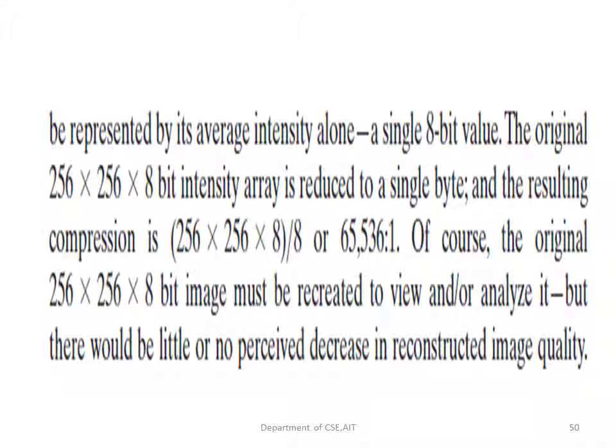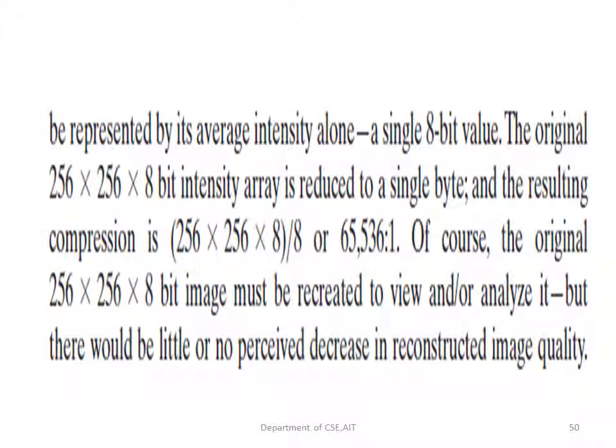The intermediate uniform gray color can be represented by the average intensity, that is one single 8-bit value. The original image was 256 pixels by 256 pixels at 8 bits per pixel.